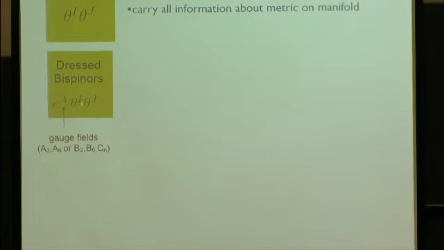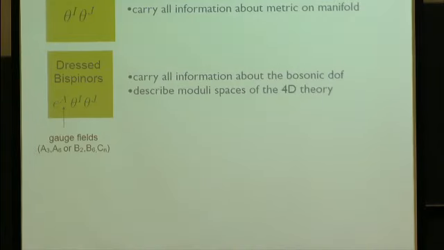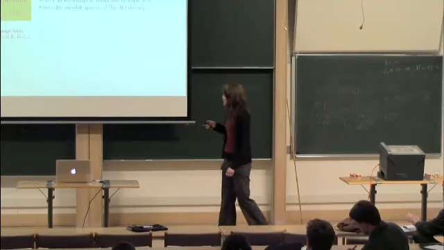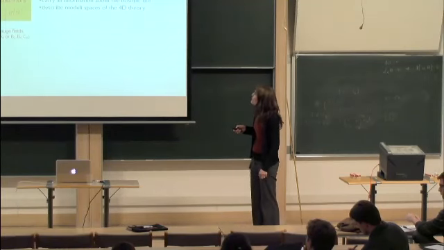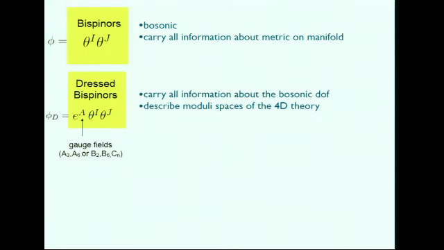So this is an adjoint action on these bispinors. And these dressed bispinors carry all the information about the bosonic degrees of freedom, and these are the ones that describe the moduli spaces of the 4-dimensional theory. So if I jump ahead, these are like B plus I j and then omega. So if we call this phi, we're going to call this phi and this phi dressed.